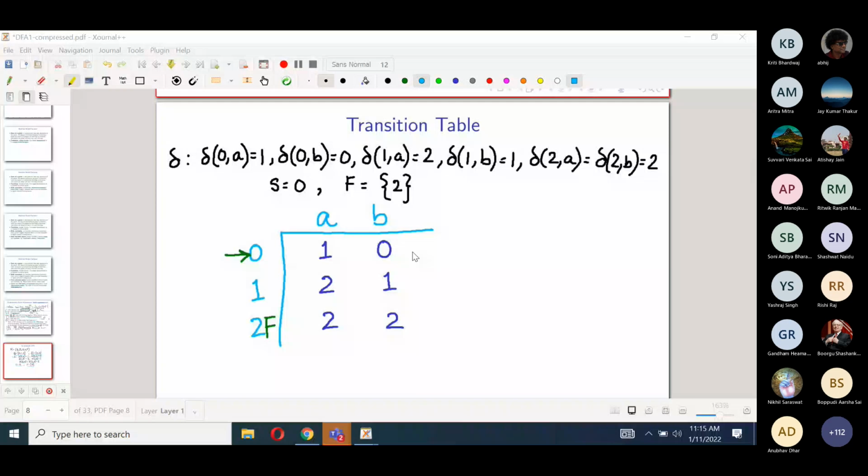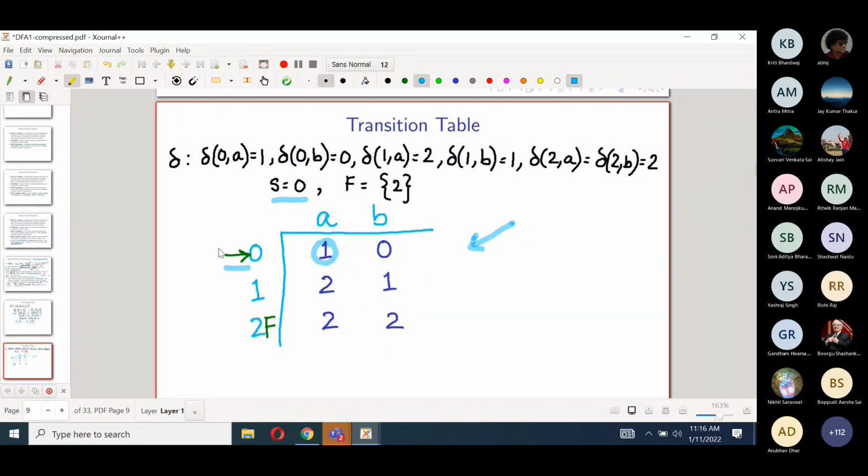You can always visualize it as a table like this, where the rows correspond to the states, the columns correspond to the input symbols, and each of the elements corresponds to the state and the input symbol that we are currently at. You also have some extra information. For example, 0 is a start state, so you can mark it with an arrow.